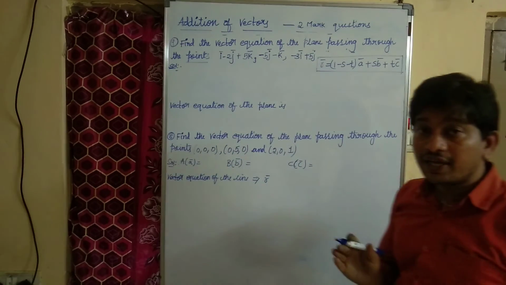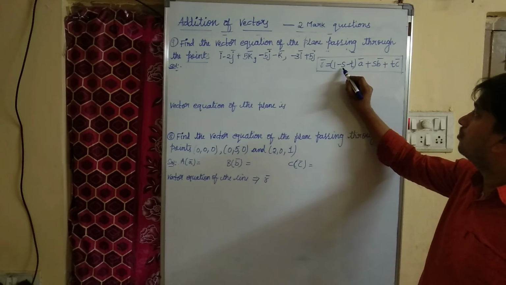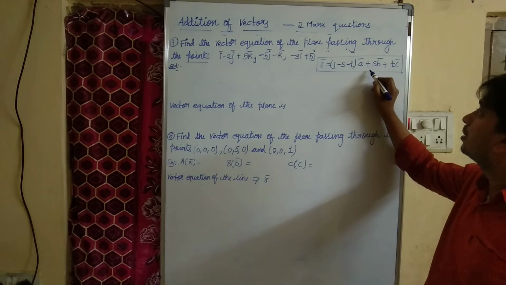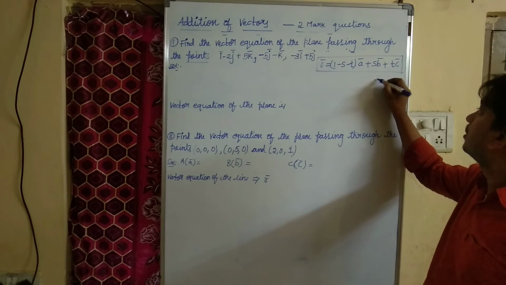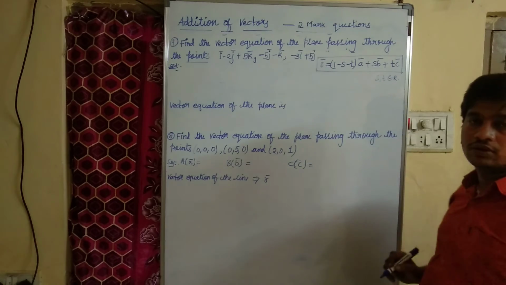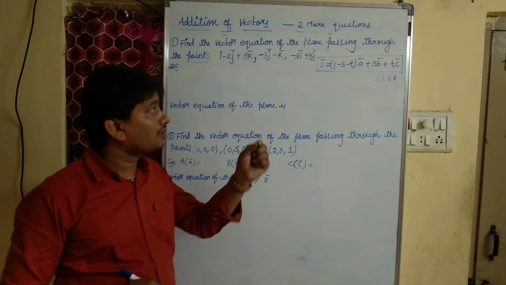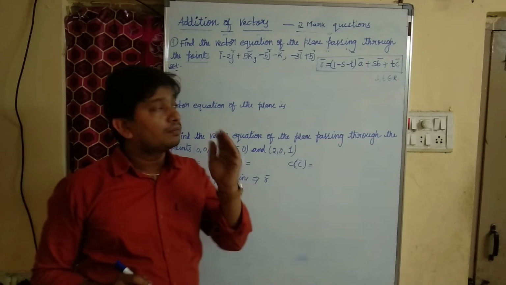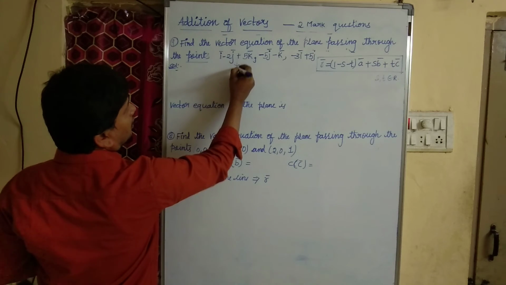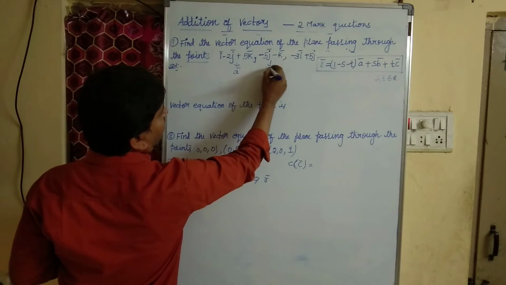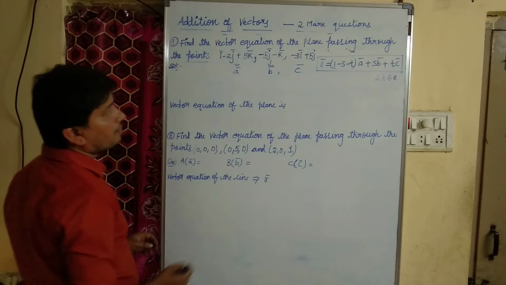The vector equation of the plane passing through the 3 points is r bar equal to (1 minus s minus t) into a bar plus s b bar plus t c bar, where s, t belong to R. So this is the given vector a bar, this is the given vector b bar, and this is the given vector c bar. What is the vector equation of the plane?